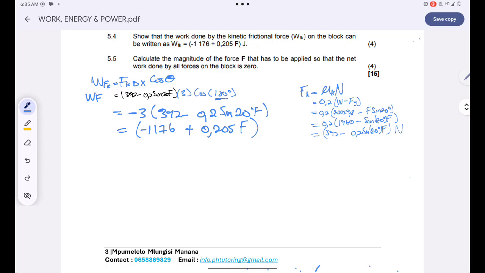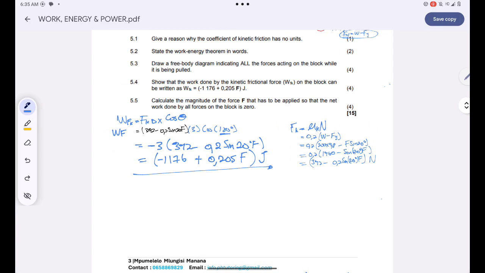Are you together? Remember that work is an energy, and the SI unit for energy is joules. So that's how, guys, we're supposed to show that the work done by friction can be written like that. Now we are supposed to calculate the magnitude of force F that has to be applied, so that the net work done by all the forces becomes 0.